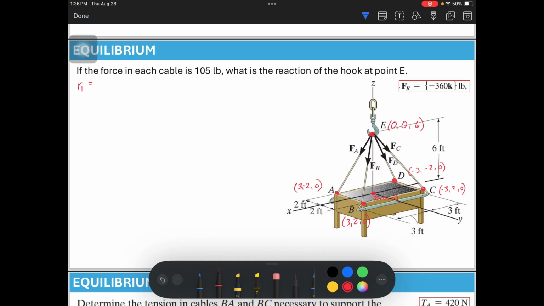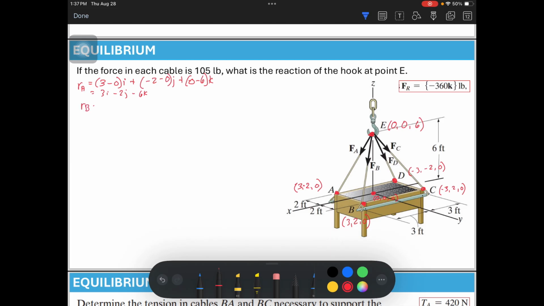So, doon na tayo sa point B minus point A. So, for force 1, ilagay na lang natin RA since ABC ang forces. So, for RA natin, point B niya is 3 minus 0 I plus negative 2 minus 0 J plus 0 minus 6 K. So, this is 3I negative 2J negative 6K.